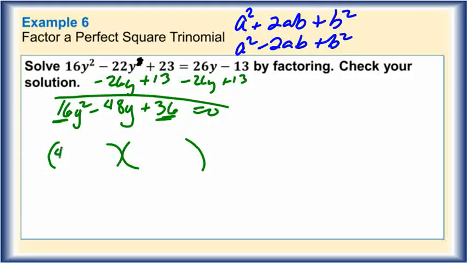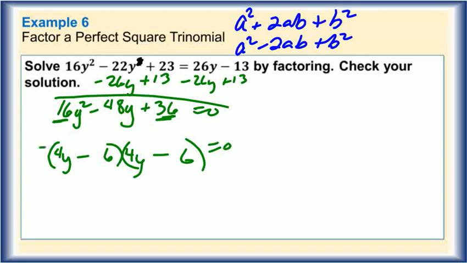So this would be 4y and 4y, because that gives me 16y squared. 36 is 6 and 6. Since this is positive, I would have to have a negative and negative. So a negative times a negative gives me a positive. And adding two negatives, negative 24y plus negative 24y is negative 48y.